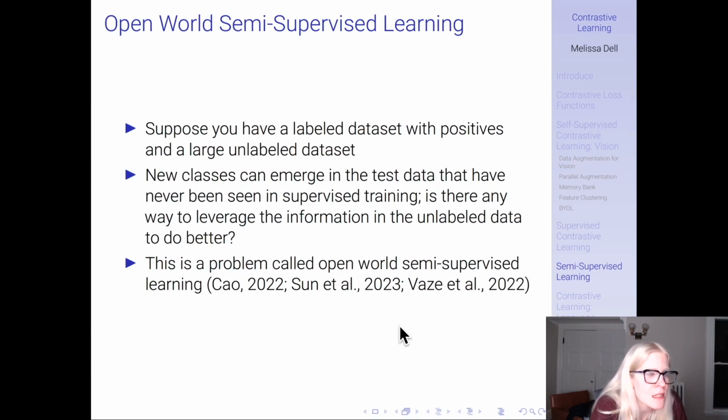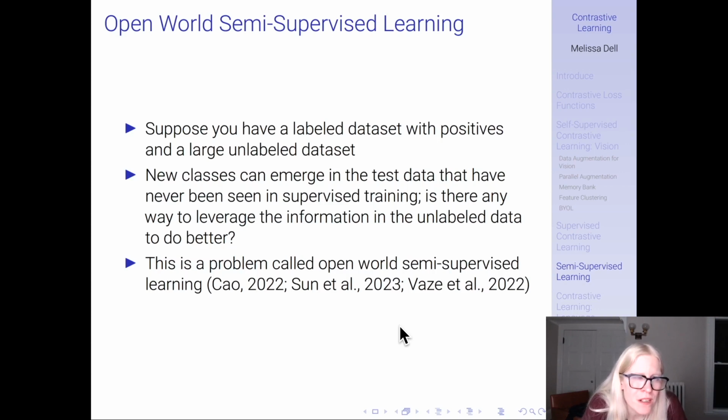And we might ask, is there any way to leverage the information in the unlabeled data to do better? Because we just saw an entire literature on self-supervised training of vision encoders. So we have our supervised data set, which is great, but can we leverage our unlabeled information as well?